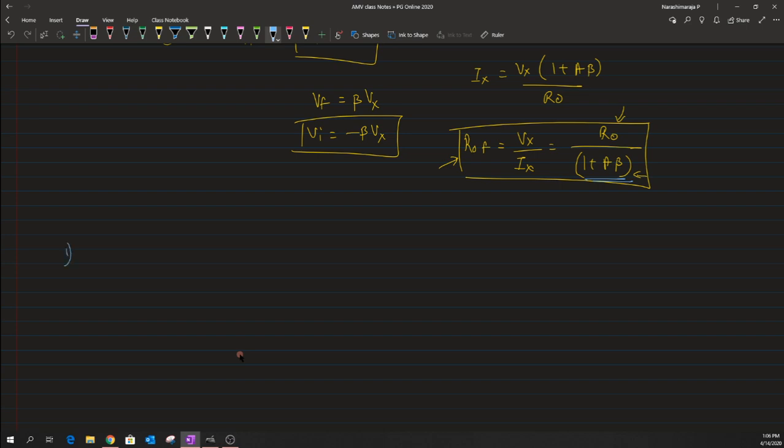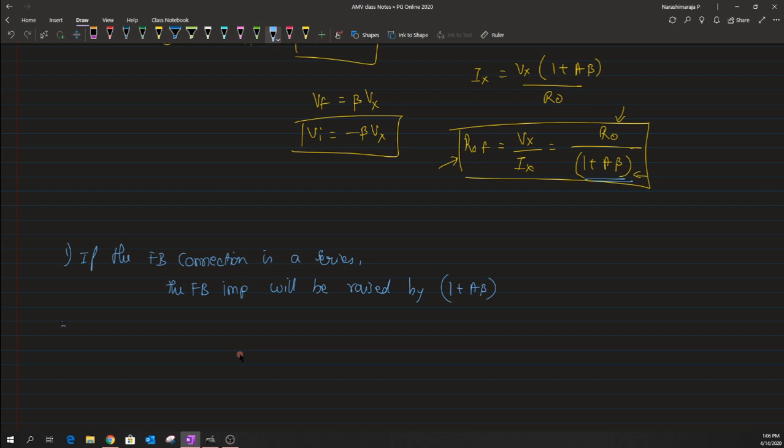One is, if the feedback connection is a series, then the feedback impedance will be raised or increased by 1 plus A beta.